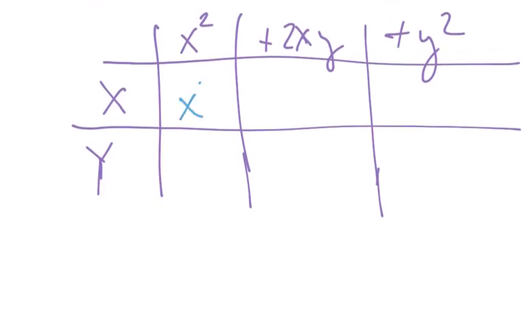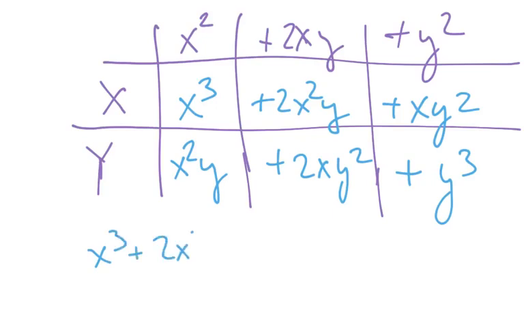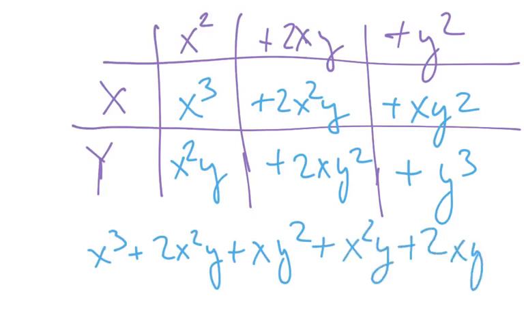So we're going to get x cubed plus 2x squared y plus xy squared plus x squared y plus 2xy squared plus y cubed. We look at all that and nothing is matching up, so we're just going to rewrite it as such. And there's your answer.